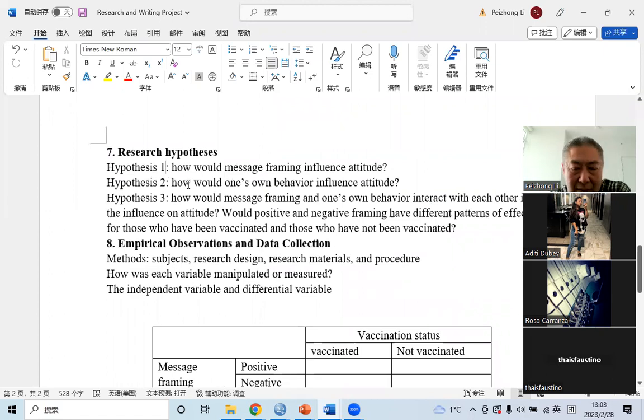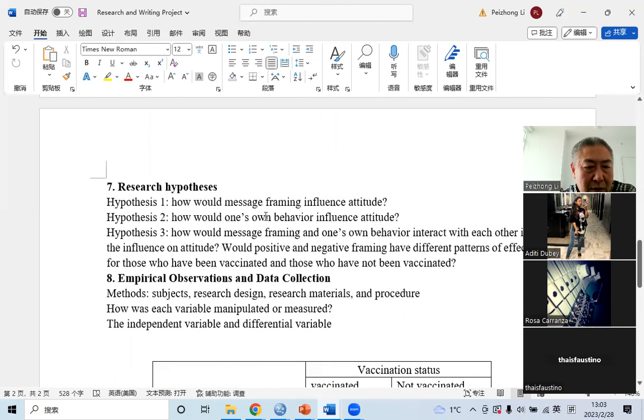Based on my theory, what would be my predictions? Depending on your theory, you can have three major predictions. Hypothesis one: how would framing influence attitude overall?